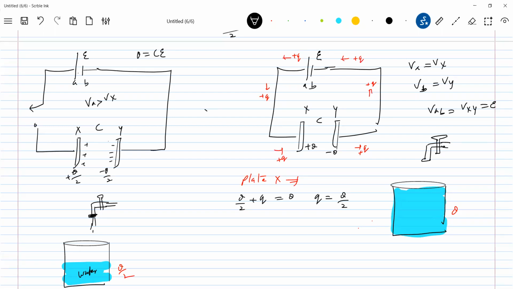So work done by the cell. Let's write all the equation. Initially there was energy in the circuit, plus work done by the cell, equals final energy of the circuit plus heat generated.